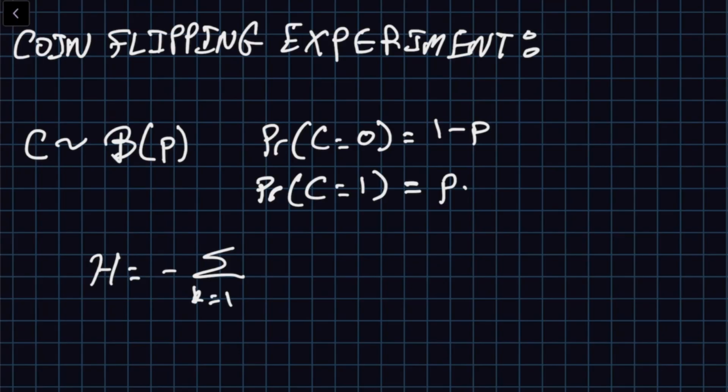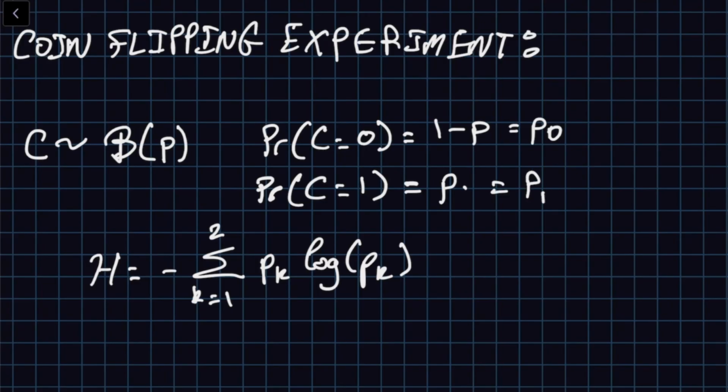In a discrete case, this is a discrete experiment because you either get a 0 or 1, but indeed the entropy could be extended to continuous random variables. But in this case, this is the definition for a discrete random variable. So k going from 1 to 2, since I have 2 outcomes, p_k log p_k, okay? So this is p1 first, or p0, and this is p1. So here I might reorder the indices, so it's k going from 0 to 1.